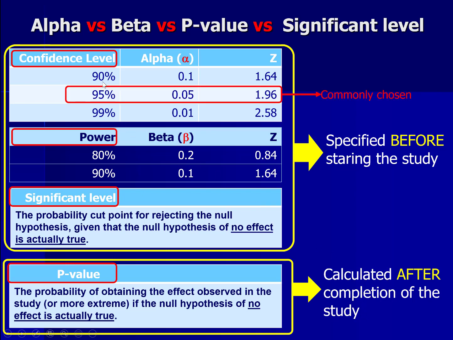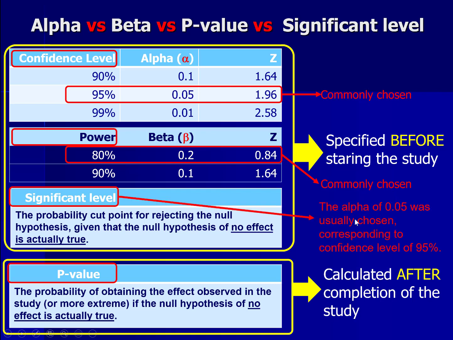So here is the commonly used confidence interval. It is reported as the 95% confidence interval to estimate the effect. And 80% power is commonly chosen for sample size calculation.